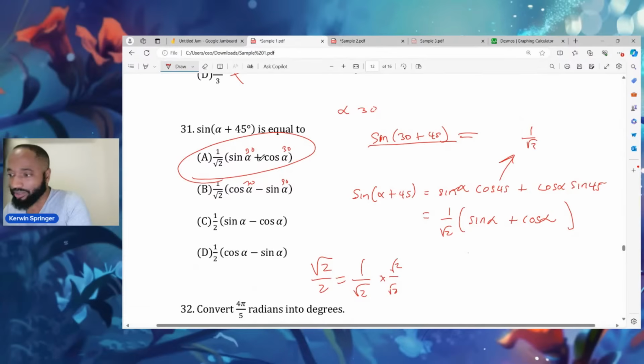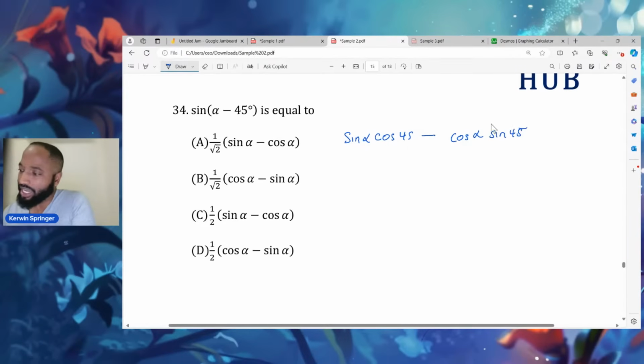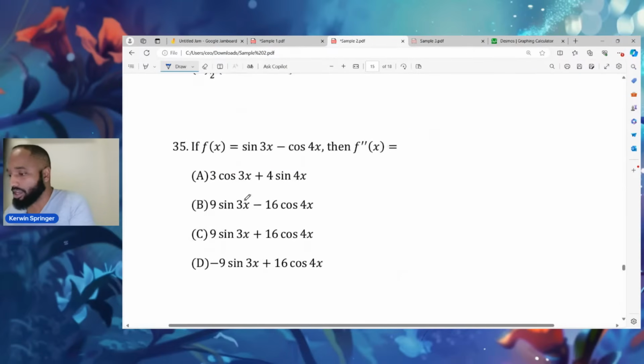So in this one, we get sine alpha cos 45 minus cos alpha sine 45. But the sine and cos of 45 are the same guy. So this time we'll use the minus sign. So it still looks to be A. All right, keep it pumping.